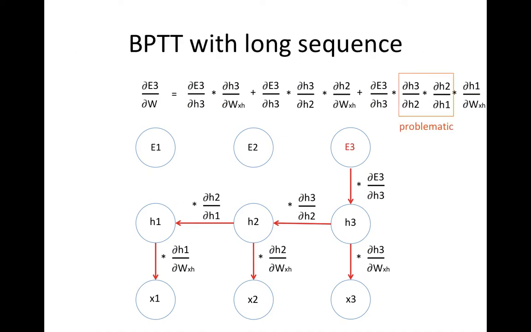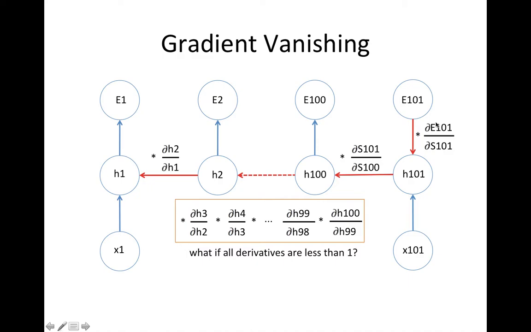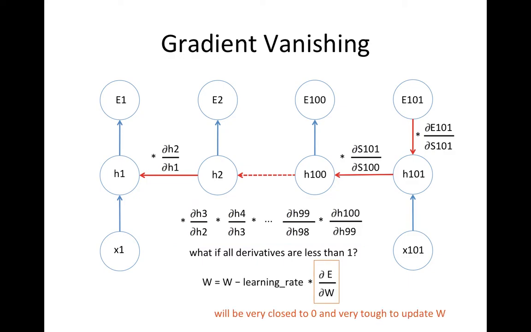The problem here is that we need to multiply these derivatives many times. For example, if you have multiple nodes in the RNN, you will have lots of derivative multiplications like this. And what if all the derivatives are less than 1? Say you have 1,000 nodes here and you are multiplying 0.1 times 0.1 times 0.1, then the result will eventually be very close to 0.